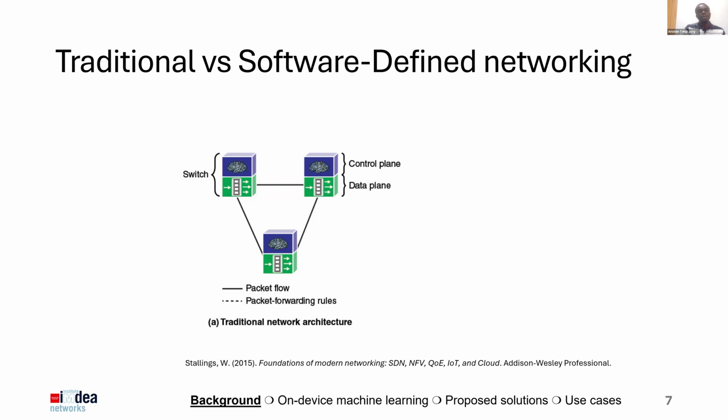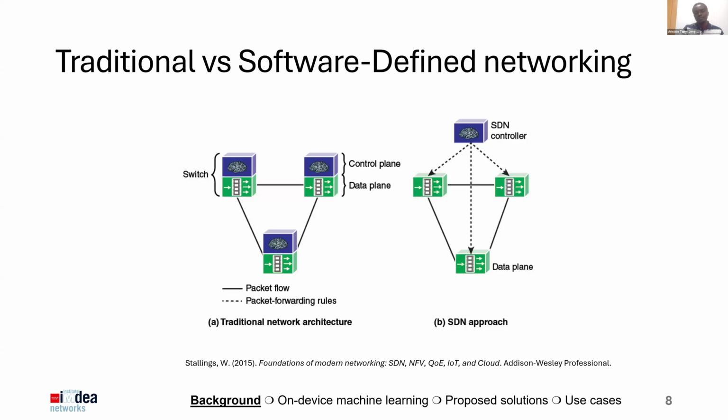And to be able to improve on this architecture, because with this, first of all, there were the limitations that you have to work on each device individually. So to be able to overcome these limitations, we moved towards SDN, where from a centralized controller, you could program or give instructions to numerous devices in the data plane on how to forward traffic using maybe a protocol like OpenFlow, for example.